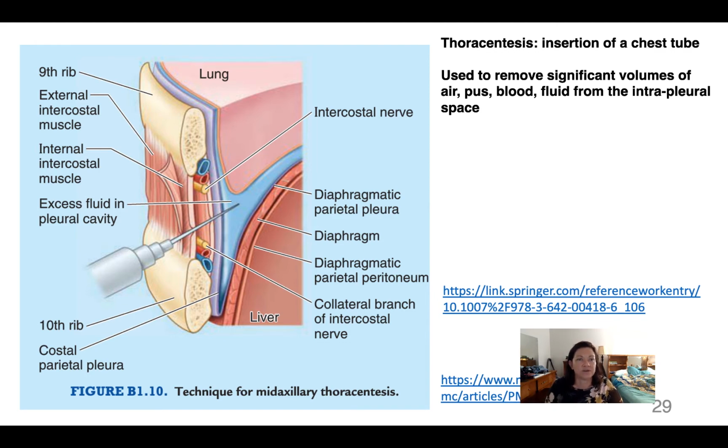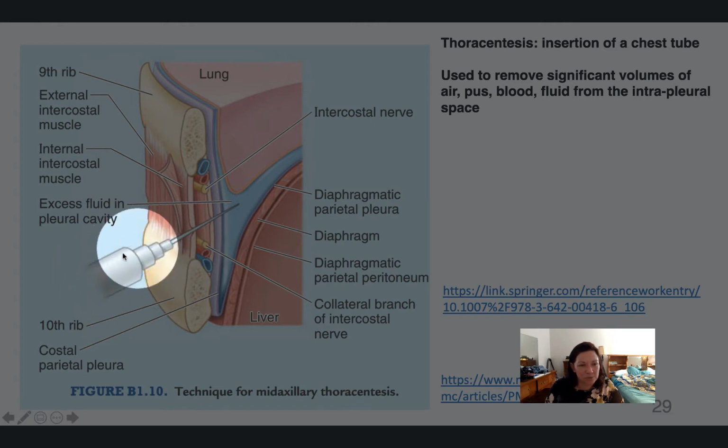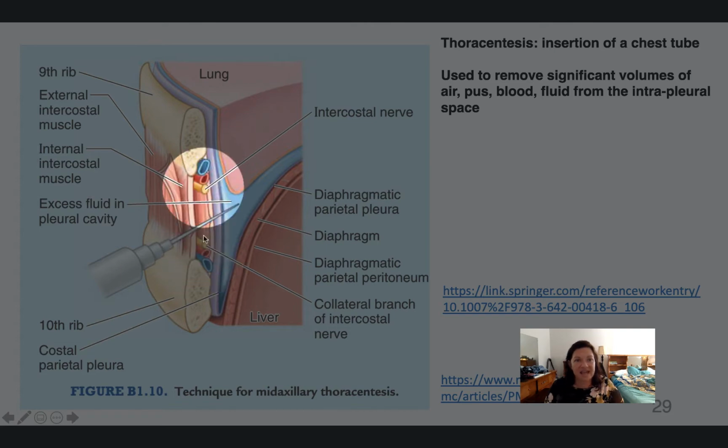So you're going to go in between 2 ribs, not through a rib, and you're going to go through this muscular wall to access the pleural cavity, and you're going to do it in the middle of the intercostal space, because remember that you have intercostal nerves and the collateral branches of the intercostal nerves, as well as arteries and veins, at the top and the bottom of each space. So you want to go in the middle to miss both of those bundles of nerves and vessels.